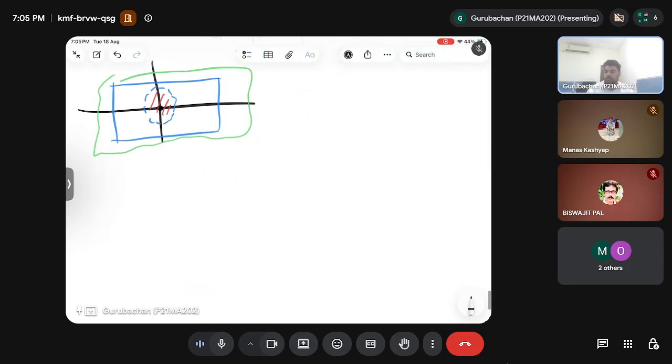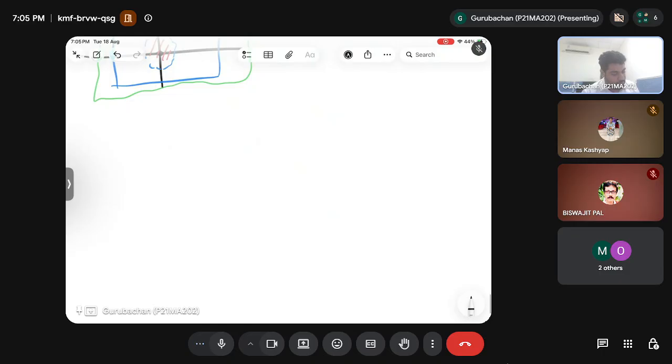So let us move to one more question, which is obviously the same as this one. Let f(x,y) be x square minus 3xy square plus 2y to the power 4.